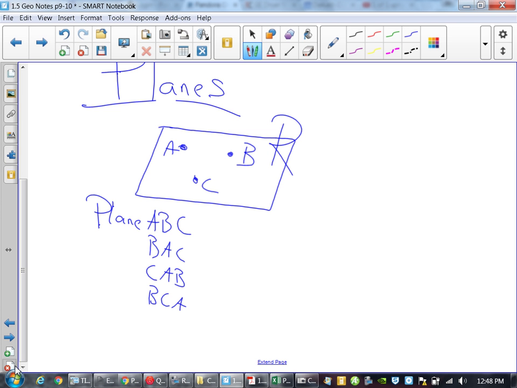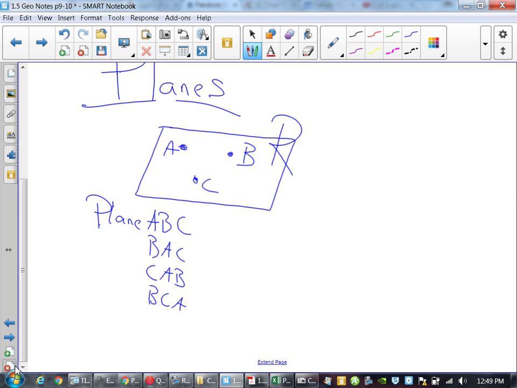Think about what a plane is. Remember, a plane is a flat surface that extends infinitely in 2 directions. If 2 planes intersect, think about where the ceiling hits the wall. That crease, it's a line. Intersection of planes create lines.